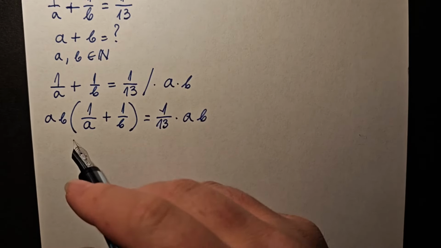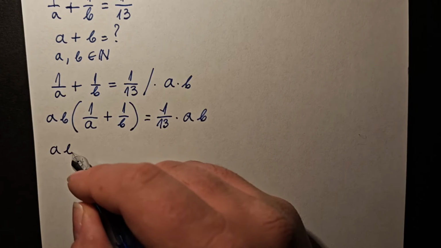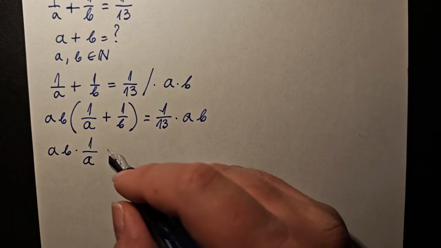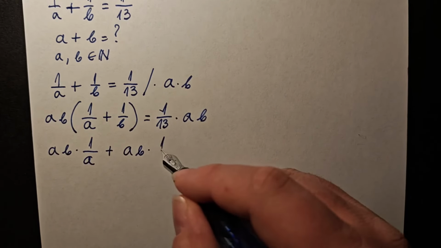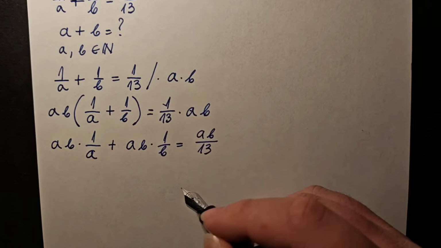We are going to get rid of these brackets on the left side of the equation, and then we get a multiplied by b multiplied by 1 over a plus ab multiplied by 1 over b, that is ab over 13.